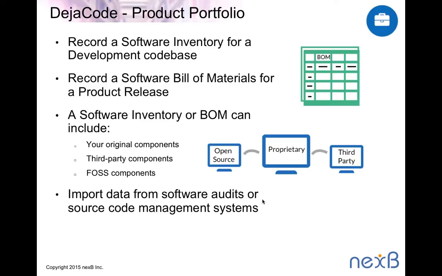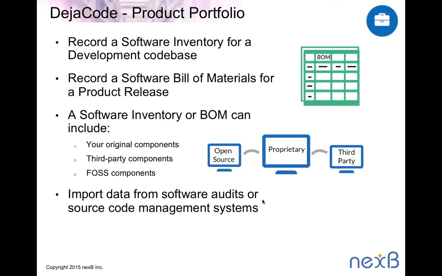So what NextBee is trying to address, and what DejaCode's purpose is, is to manage this software component data so it doesn't become a problem, and you can easily set up efficient workflows and policies around any use of third-party software components.